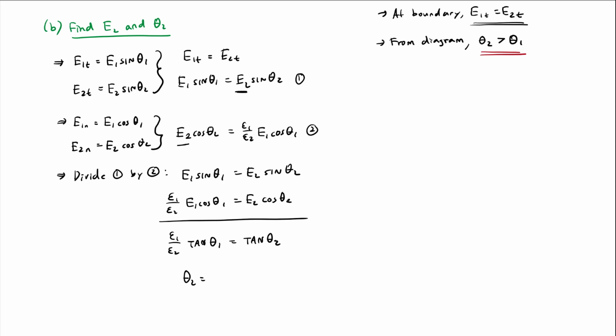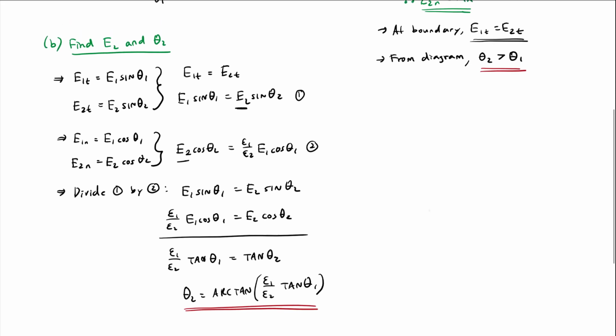And to solve for theta 2, it would simply be the arctan of epsilon 1 over epsilon 2 tan theta 1. Okay, so we've solved for theta 2.